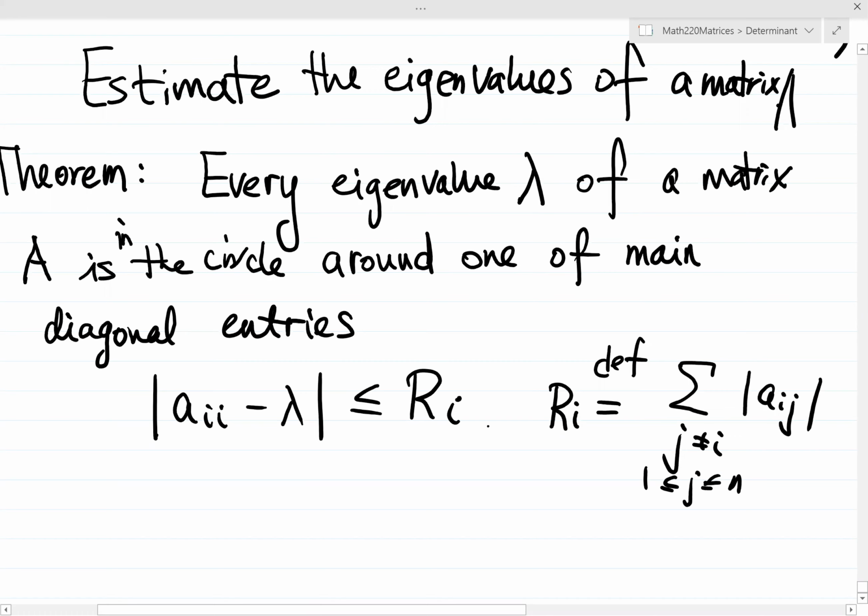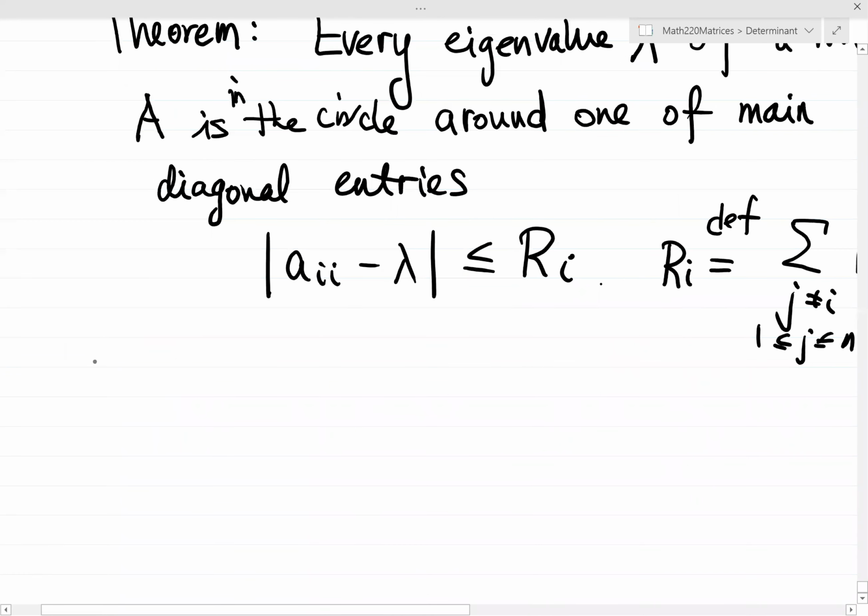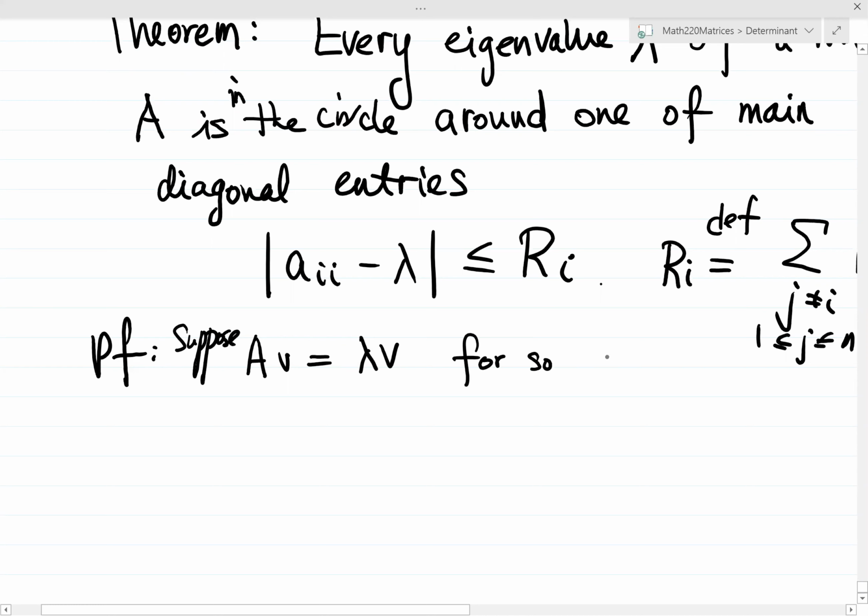Now we use the property that we proved one time, that diagonally dominant matrices are invertible. Now we prove it. Suppose A v equals lambda v, the definition for eigenvalue and eigenvector, for some non-zero vector v.